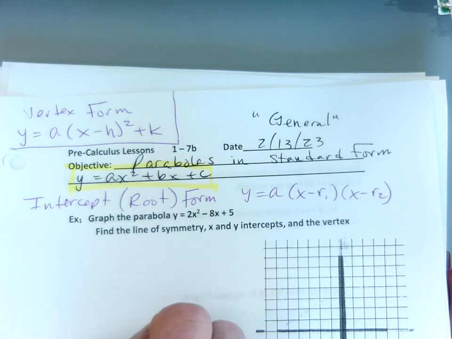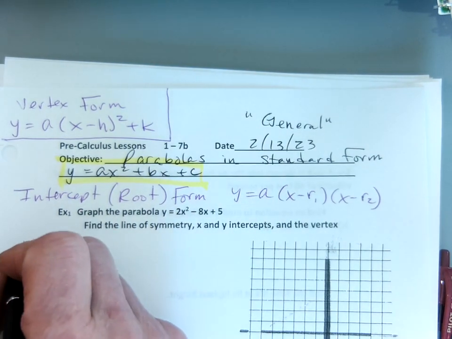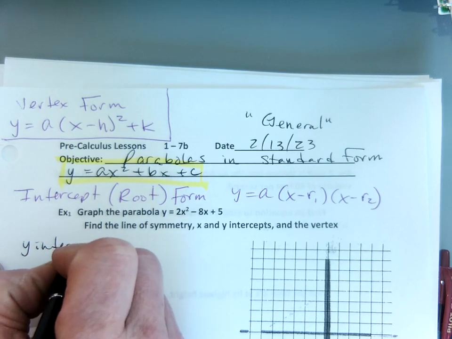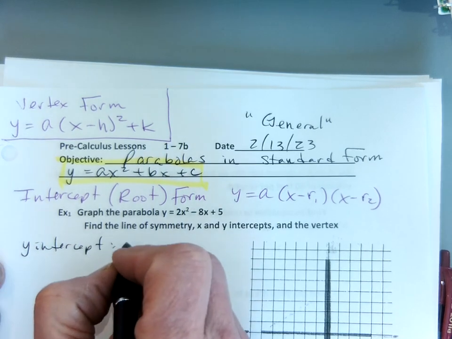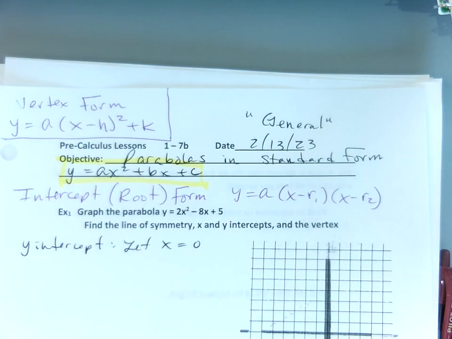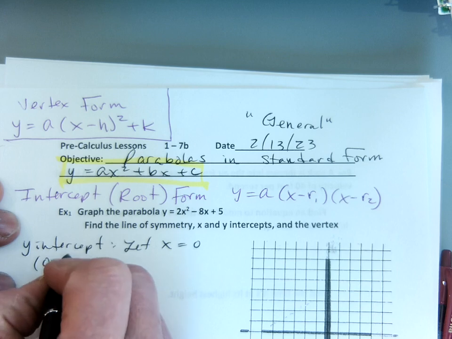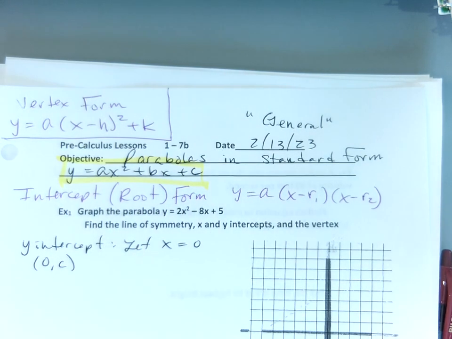When it's in standard form, the easiest of all is the y-intercept. The y-intercept can be found simply by letting x equal 0. If you let x equal 0, it's just going to be c. So in standard form, it's always going to be 0, comma c, whatever c is. In this case, it's 5.